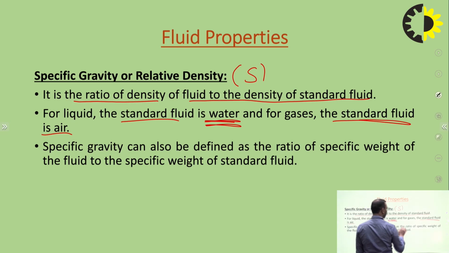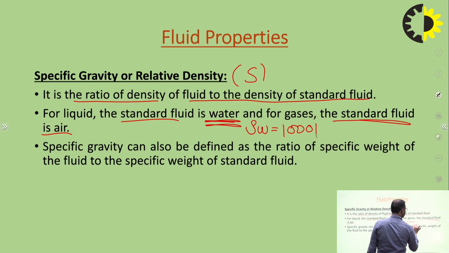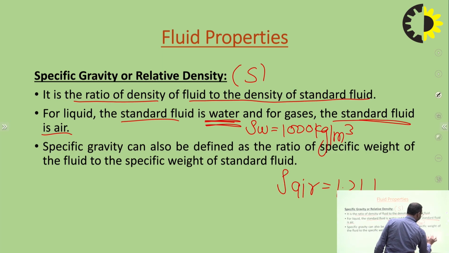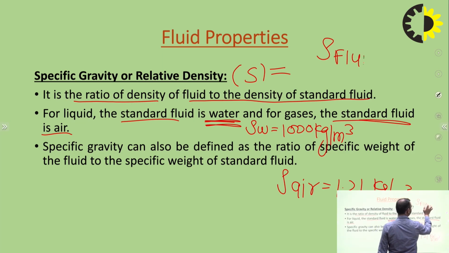The density of water is taken as 1000 kg per meter cube, whereas the density of air is taken as 1.21 kg per meter cube. So, specific gravity is the ratio of density of any fluid with respect to the density of the standard fluid.